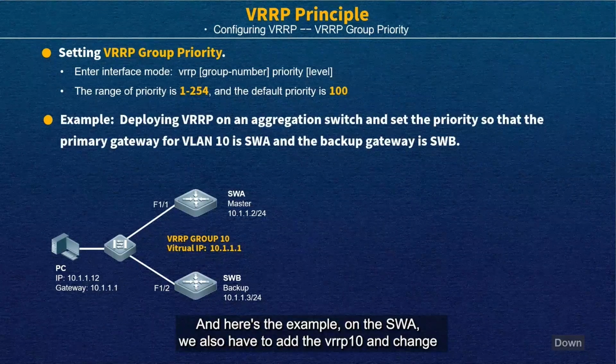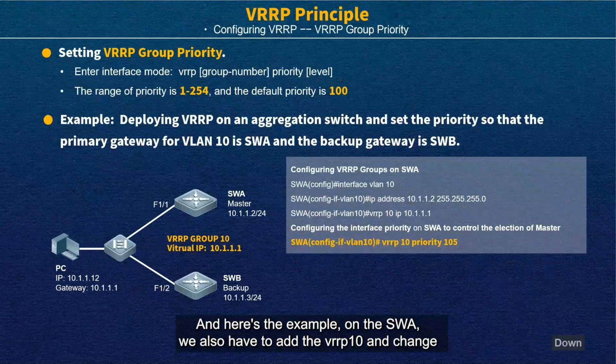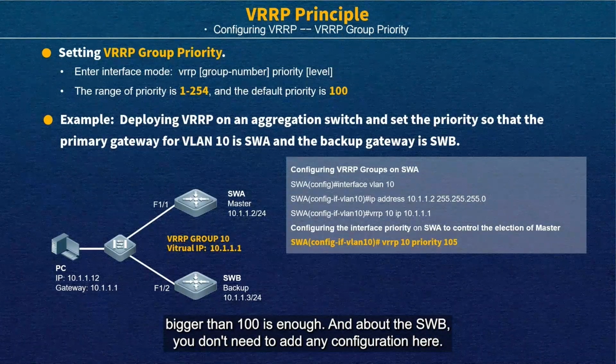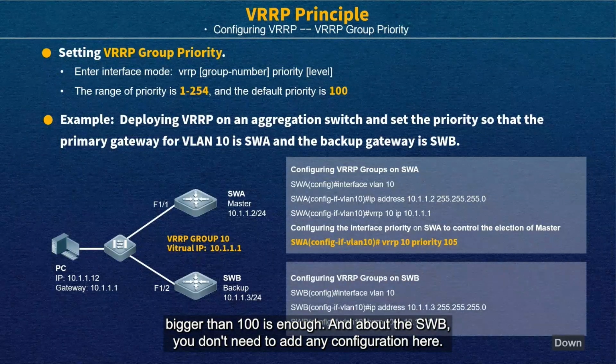In the example, on switch A we add VRRP 10 and change the priority to 105. Of course, you can use another value, as long as it is bigger than switch B's; bigger than 100 is enough. And on switch B, you don't need to add any configuration here.